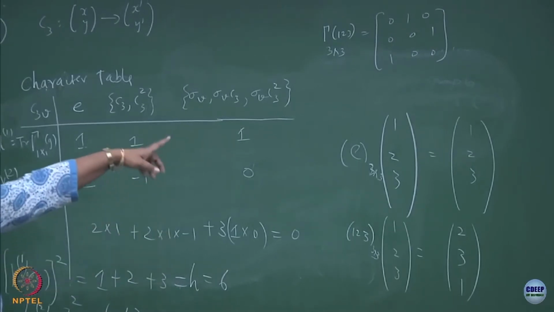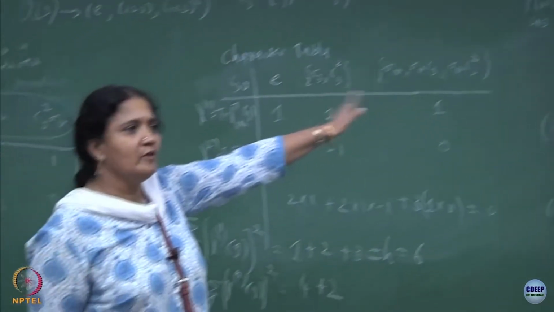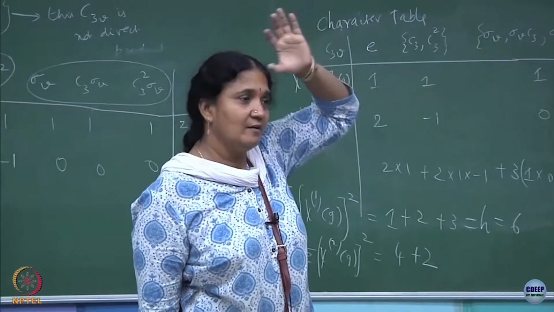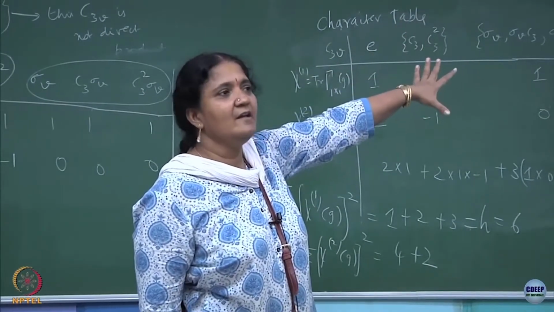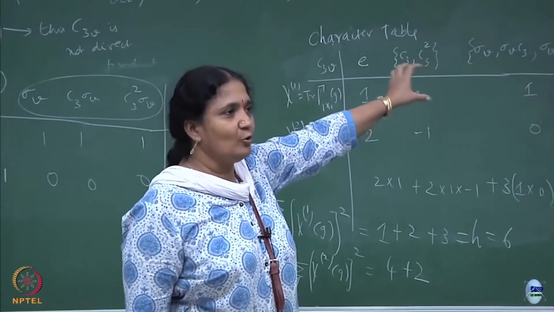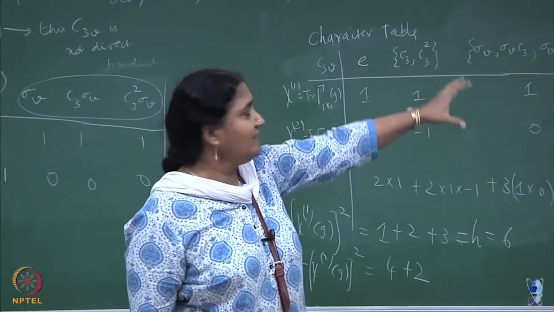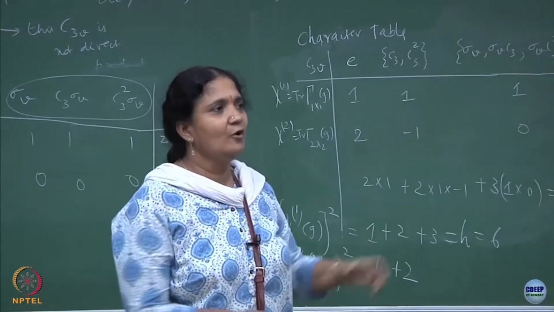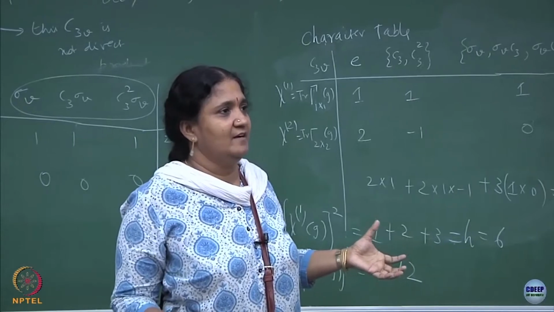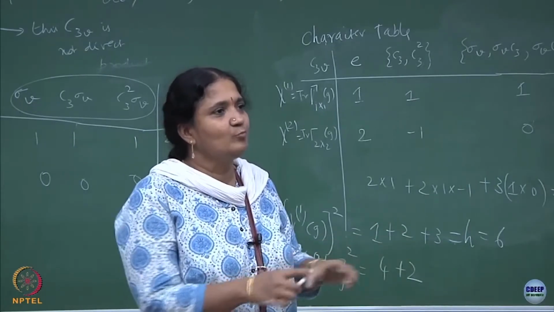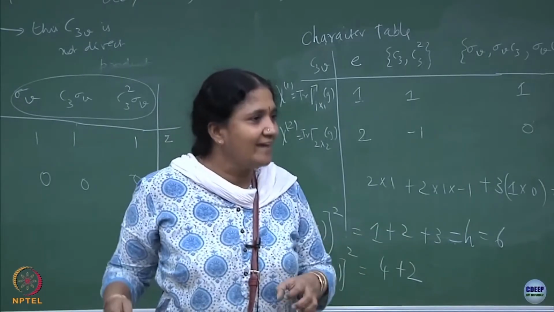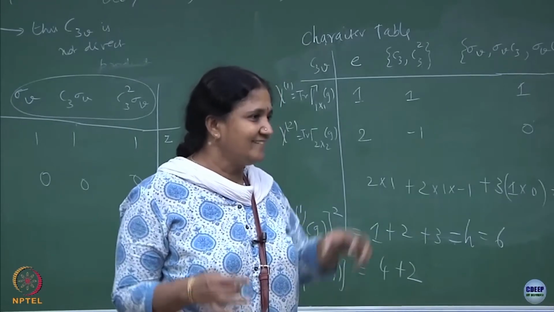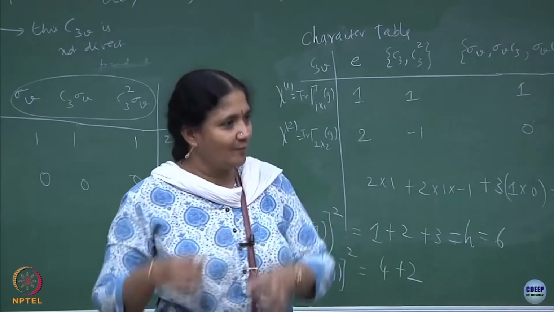You could write the similar 3 cross 3 matrices for all the elements, not written it, but if you see it as a symmetry group for degree 3 on 3 objects, you can get something non-trivial like this, which is not block diagonal. If you have done it on x, y, z, you get it in block diagonal form. So, you know that you got a 2 cross 2 and a 1 cross 1.